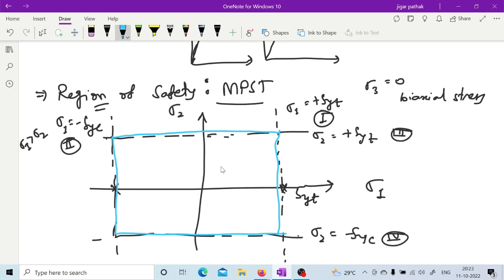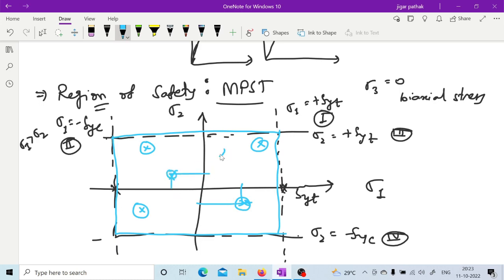If your component is working and it has stress at any point inside this envelope, then your component is fine. It means at any point, whether sigma 1 value is this and sigma 2 value is this, or similarly sigma 2 value is this and sigma 1 value is this, it is fine.